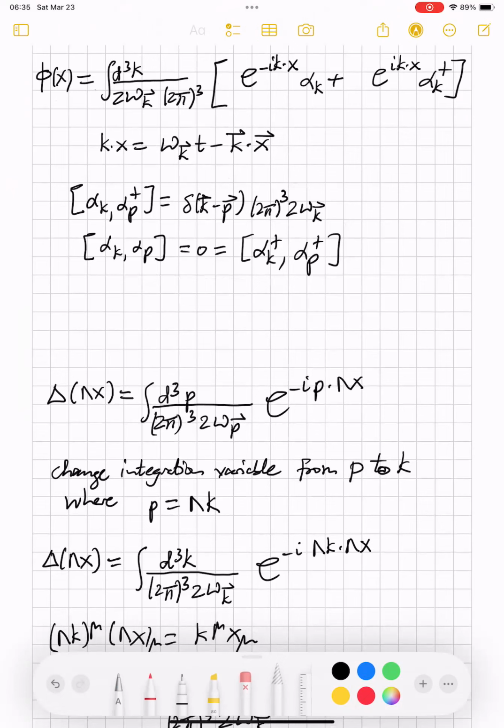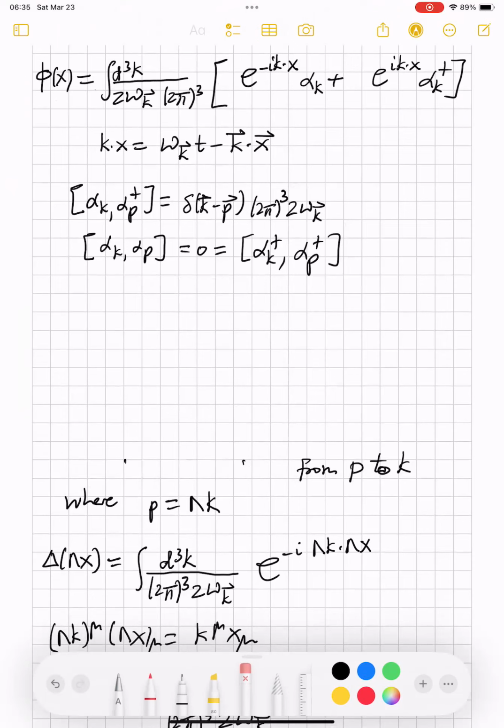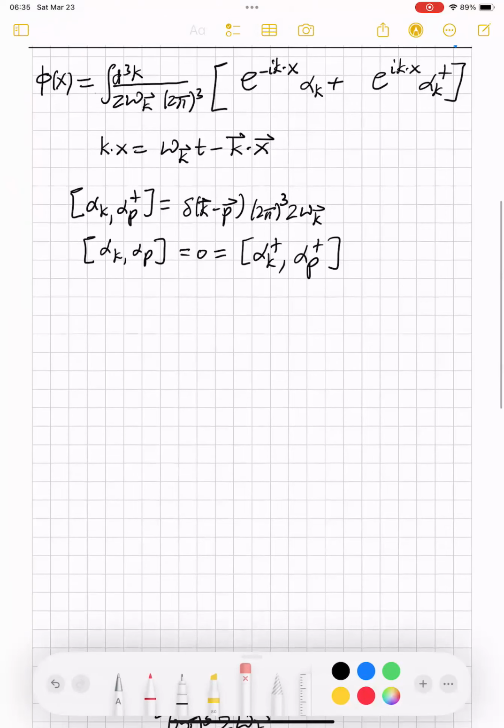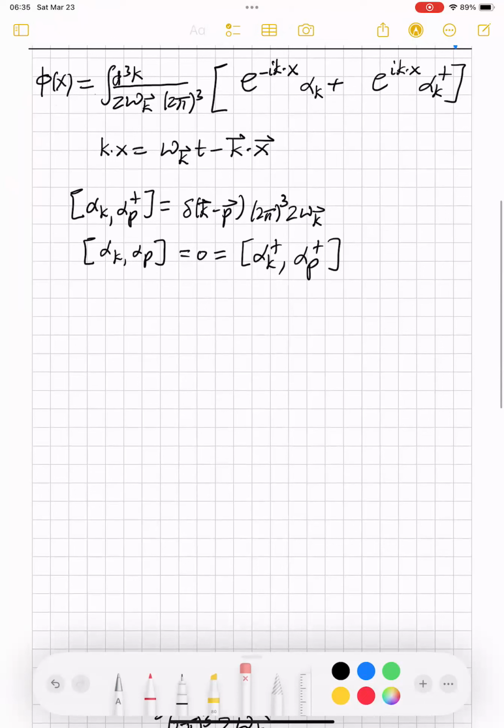So this is the answer that we've obtained for the free scalar field. In what follows, our goal is going to be to understand this answer in as much detail as we can, and to be able to interpret it.